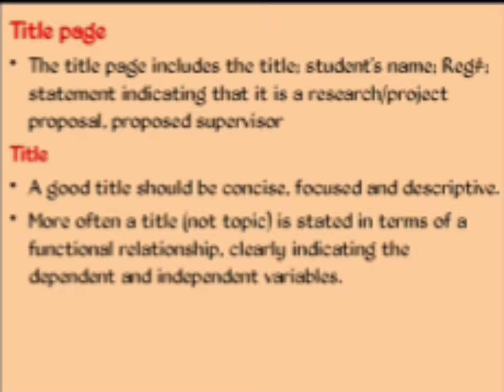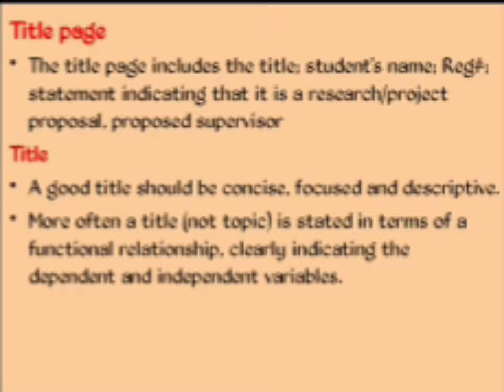Now, many people confuse the department and the faculty. For undergraduates, most of their research is submitted to the department, not to the faculty. What is actually submitted to the faculty is more of graduate research. So students should not confuse that.